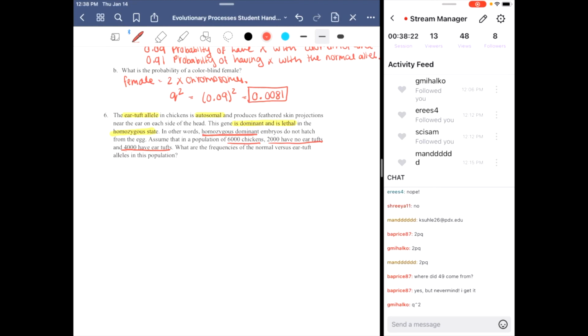So the homozygotes that are produced are not going to hatch and do not appear in the population.